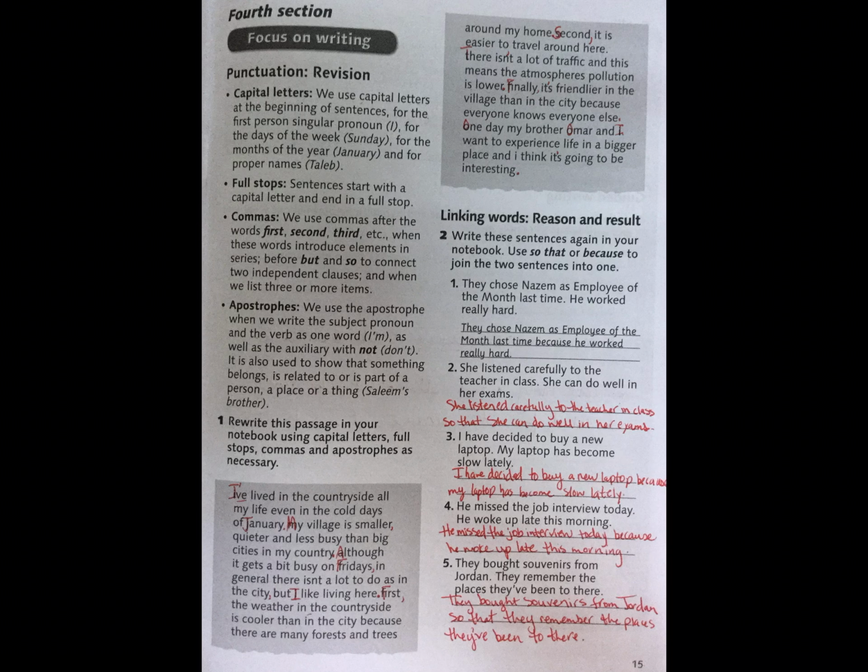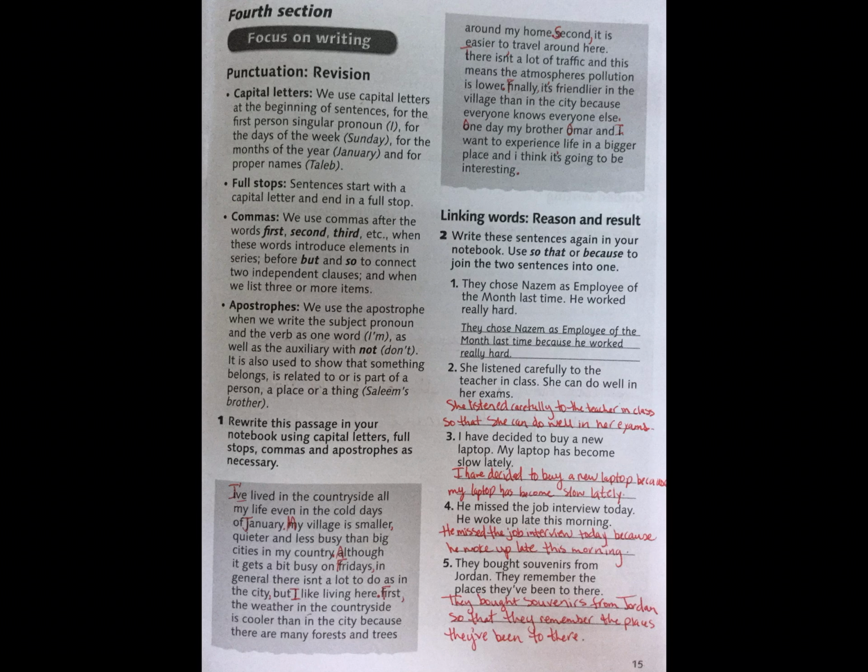The weather in the countryside is cooler than the city because there are many forests and trees. Now we put a comma. For example, I have a book, pen, ruler. We put I have a book, comma, pen, comma, and a ruler.